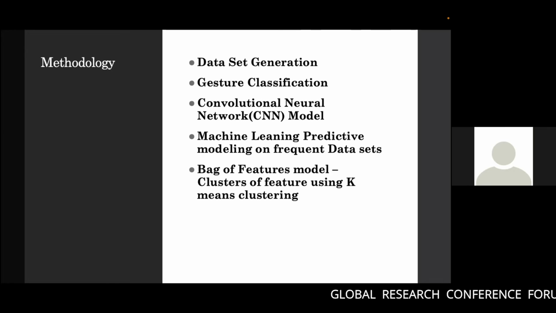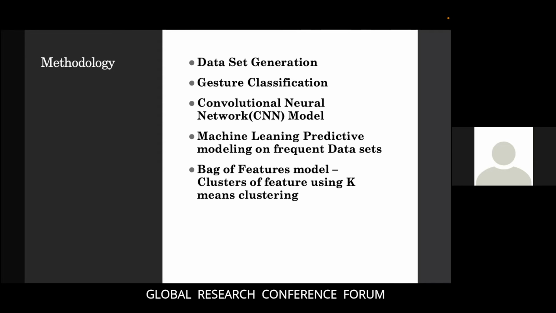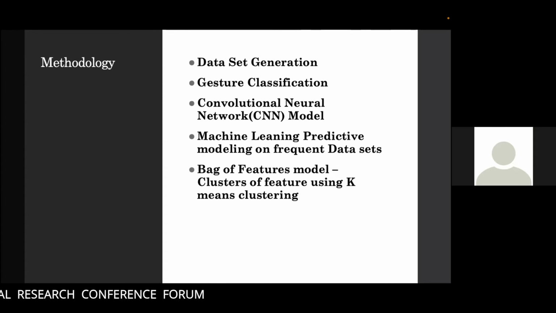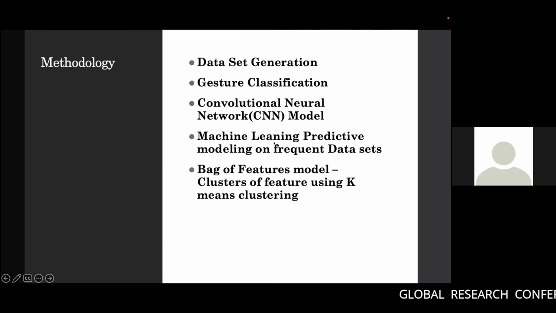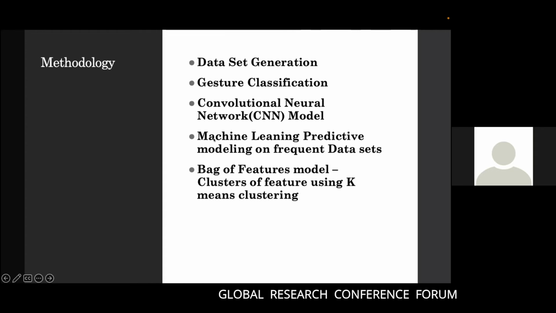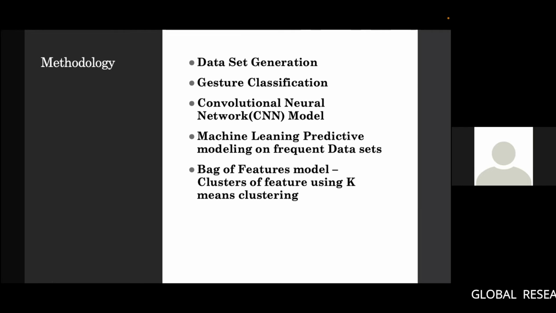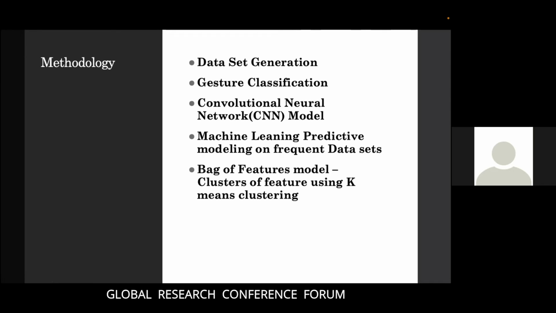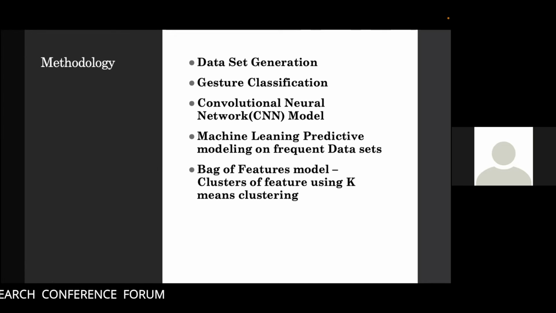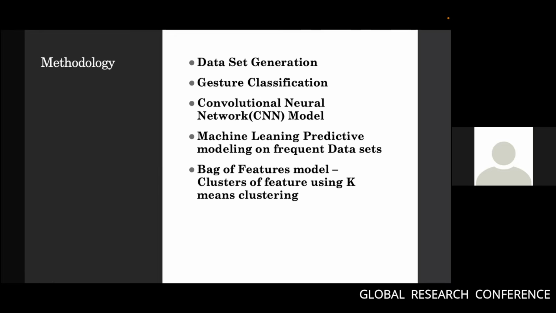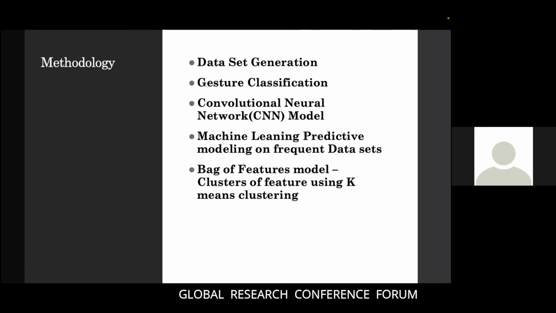In every model we saw this, where they have used a CNN model, so we have used it also. And the machine learning predictive modeling on frequent data sets: as we are generating data sets dynamically and storing them, we have used predictive modeling as well. And last is the bag of features model, clusters of features using k-means clustering.